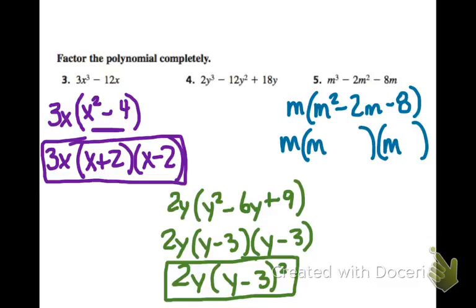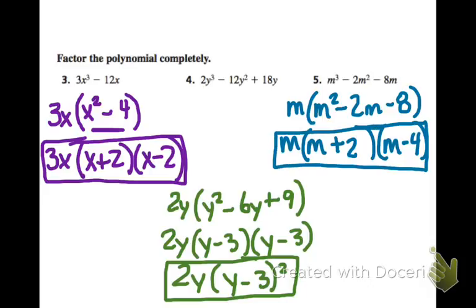I'm going to be looking for factors of -8 that would sum to -2, and I know that it's going to be a -4 and a +2, so you could do your factor fish if you want to, or you could puzzle through it by comparing the products and the sums, the factors and the sums. Okay, so in this form, m times m plus 2 times m minus 4, I am factored completely.